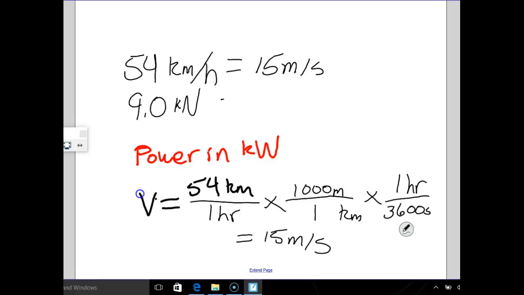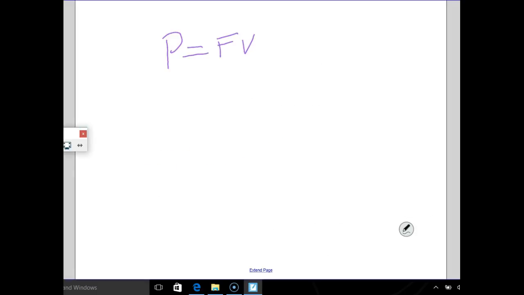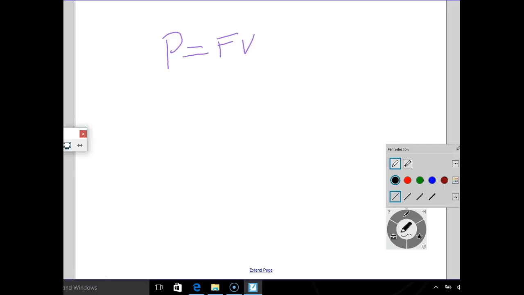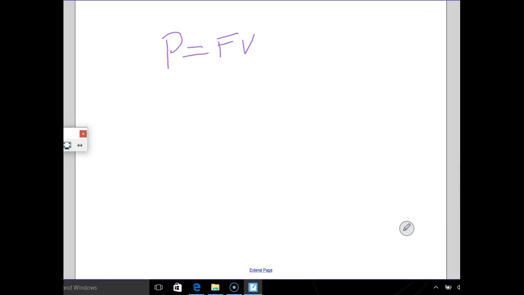So I have successfully changed my velocity into the right units. Now I have to do that with my kilonewtons, and kilo means 1,000. So this is really 9,000 newtons. So I have all of the right units now. I have velocity and a force, so I can go back and use this equation.